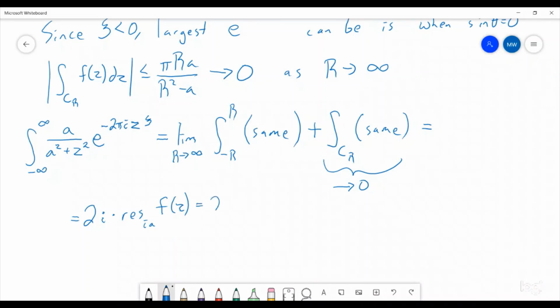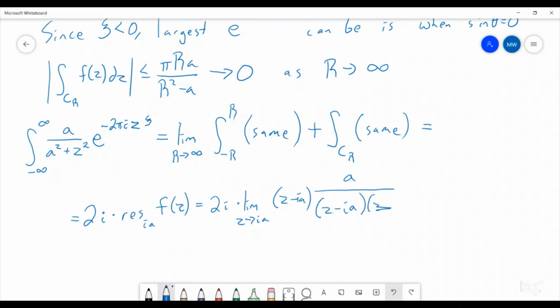This is going to be equal to 2i times the limit as z approaches ia of z minus ia times a over z minus ia times z plus ia, times e to the minus 2 pi i z c.